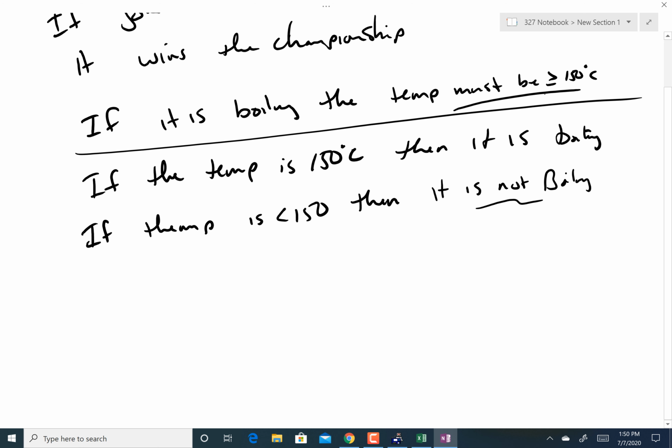The contrapositive and the conditional are always logically equivalent. So, in fact, that has to be true. Okay, let's do part C. Here we go. Compound X will boil only if its temperature is at least 150 degrees C.